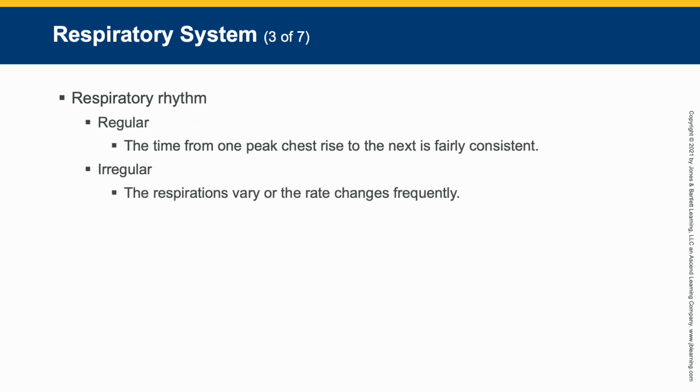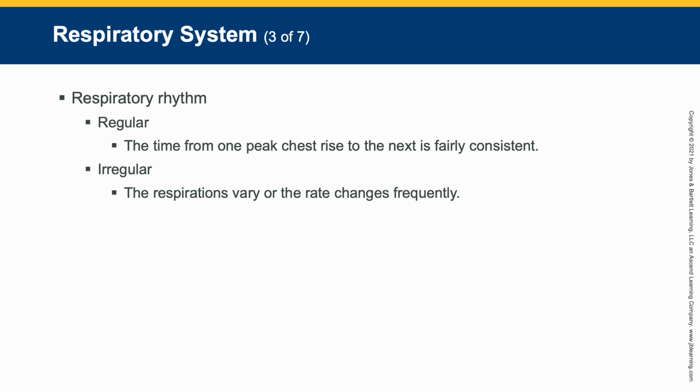Next, let's take a little deeper dive and look at the respiratory rhythm, the regularity of breathing patterns. In a regular rhythm, the time between each breath is fairly consistent, whereas in an irregular rhythm, there may be long pauses, clusters of breaths, or a completely erratic pattern.